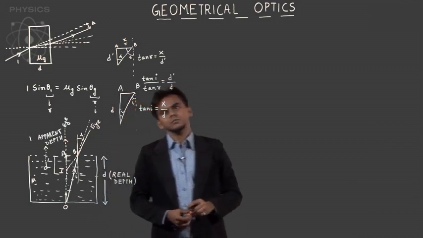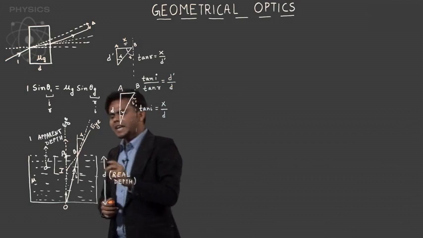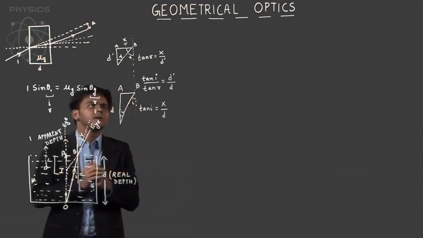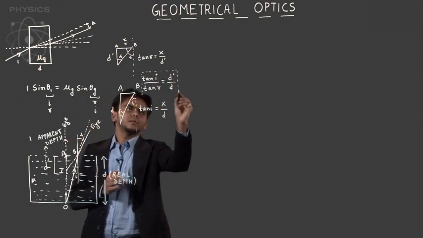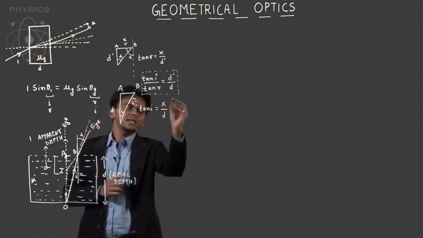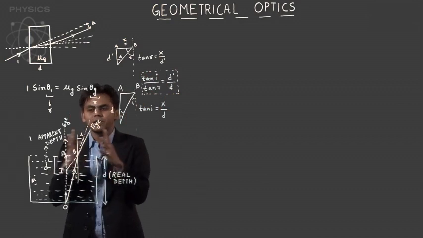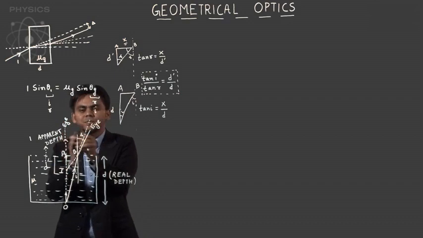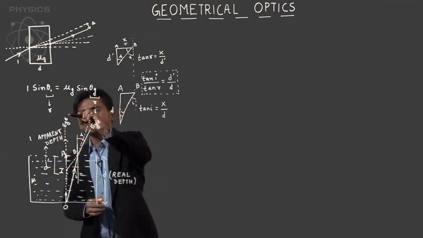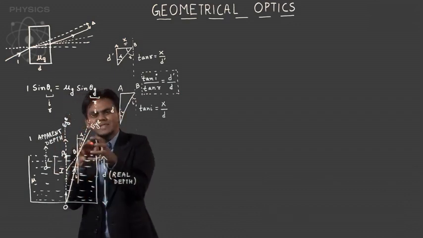Now, I know that if I and R are big, this formula would always be valid. But in situations when you're told that I'm just slightly away from the vertically above position, which means this thing is an exaggeration, I'm not here, I'm actually over here, so all the angles would be very, very small.